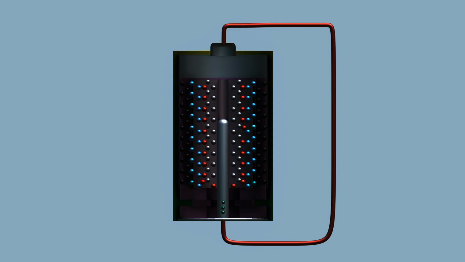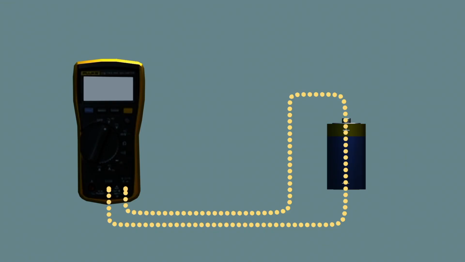As long as the circuit is complete, the chemical reaction continues and electrons flow. If the circuit is broken, the reaction stops. Over time, the materials are depleted, making the reaction weaker until no more electrons flow and the battery is exhausted.